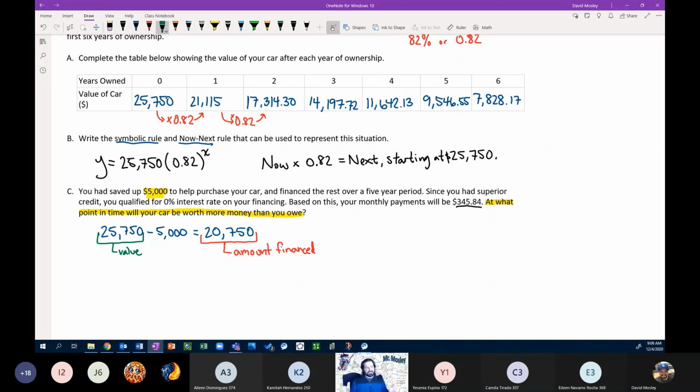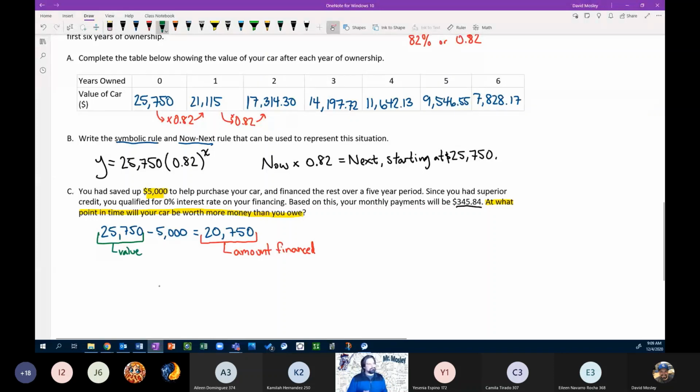That's considered over the first year, but as soon as you leave the car dealership, that car is not worth what you just purchased it for. How much value it loses within that first week of ownership depends on the car. That's just the way it is. Again, cars are horrible investments. So then, this is where we're starting at.